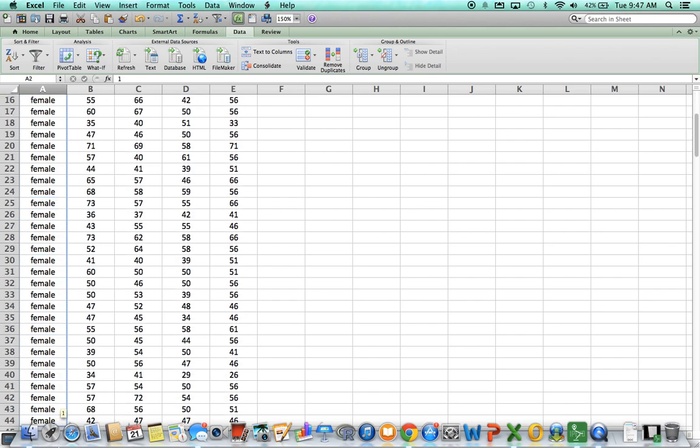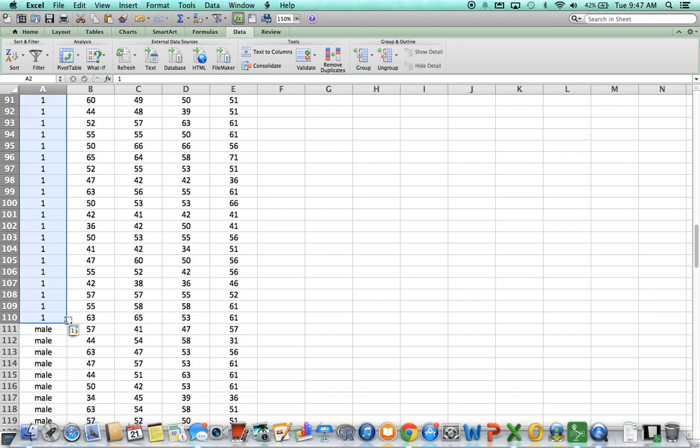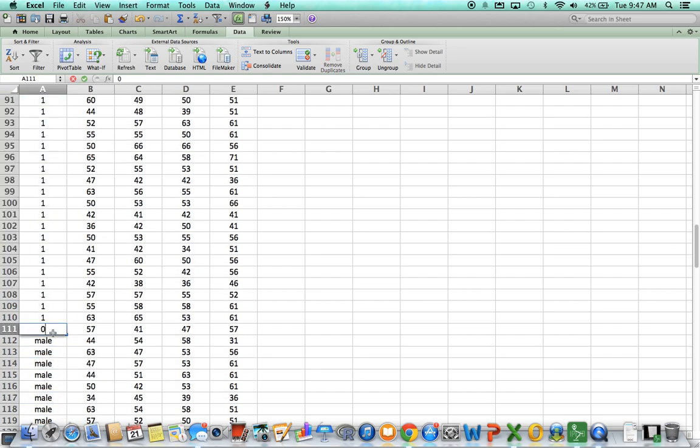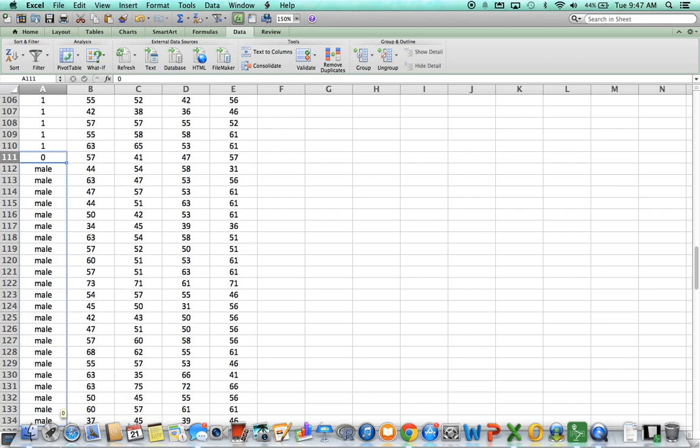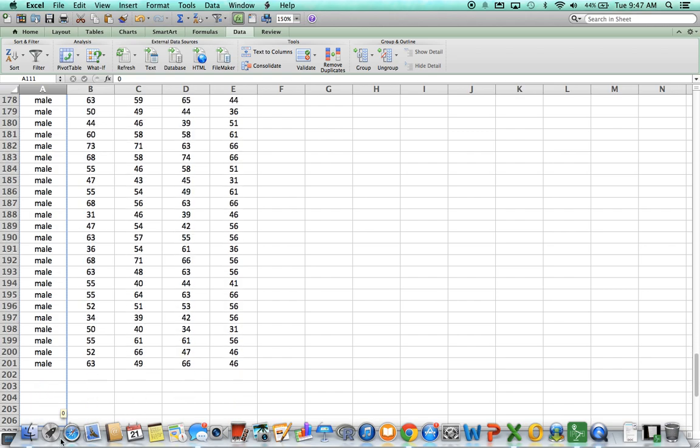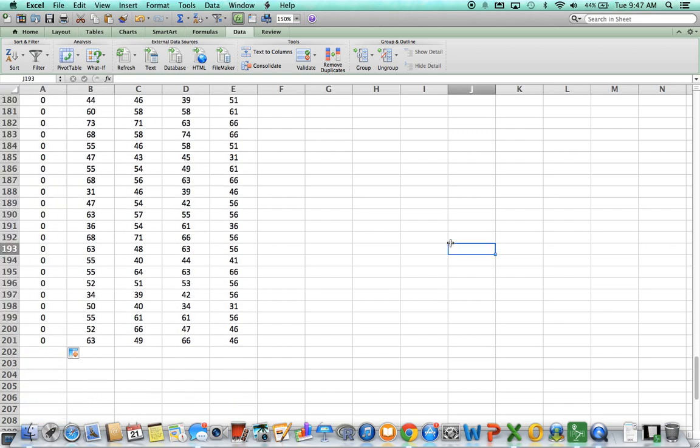And every place I see female, I'm going to insert a 1. All right? And now I'm going to code male as 0. And I'm going to save the file. And I'm going to continue.